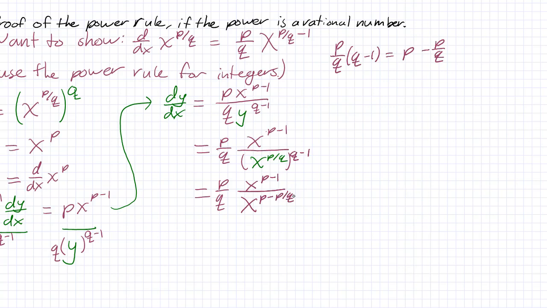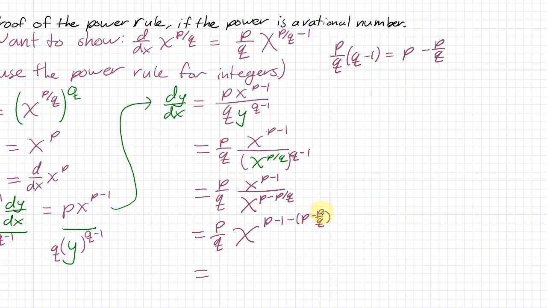And at this point, if you have x to a power divided by x to a power, we can just subtract the powers, and it gives you just x to one big power, which should be p minus 1 minus the whole power in the bottom, p minus p over q, and the p's cancel out.